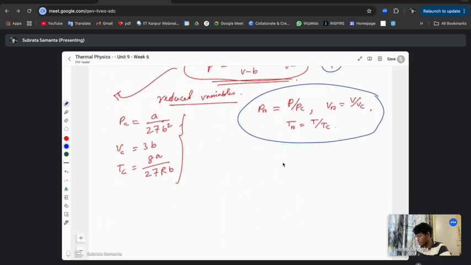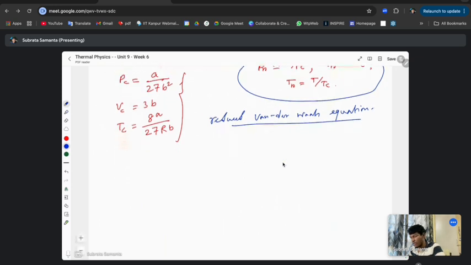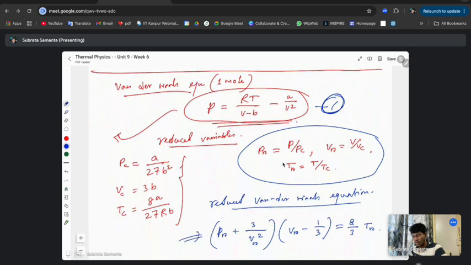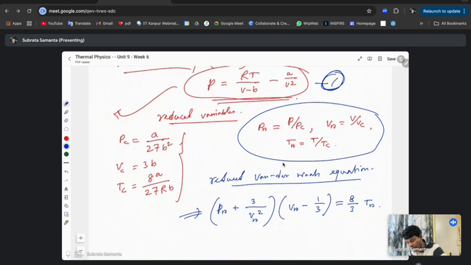Once you do this, the reduced van der Waals equation is basically (PR plus 3 over VR squared) times (VR minus 1 over 3) equals 8 over 3 times TR. So equation 1 is now converted to this, a reduced equation in terms of the reduced variables PR, VR and TR.